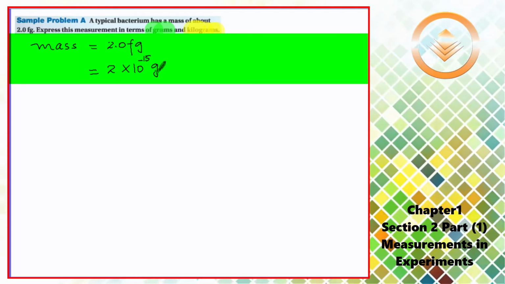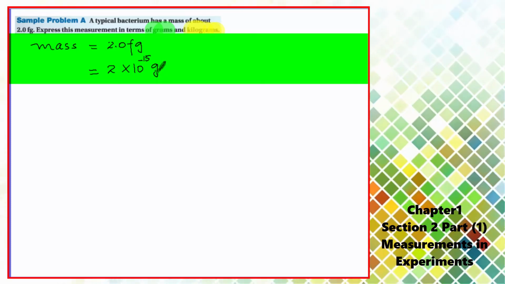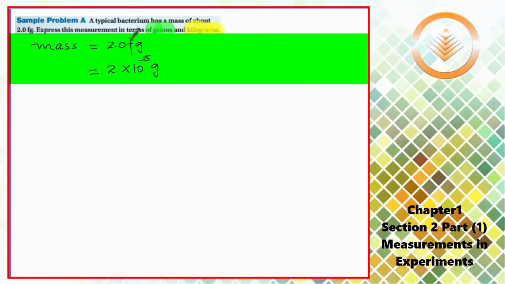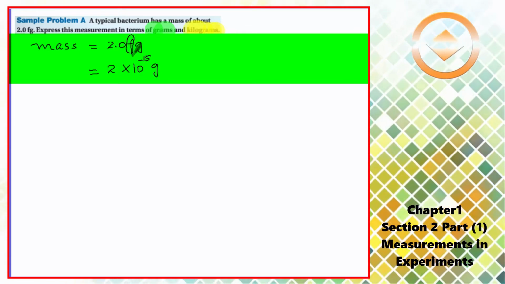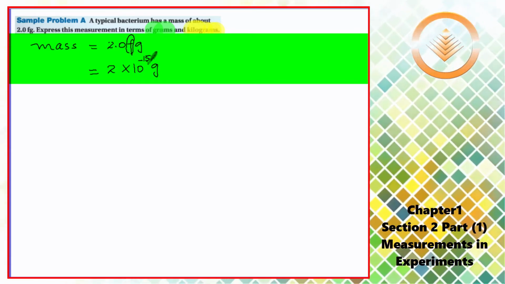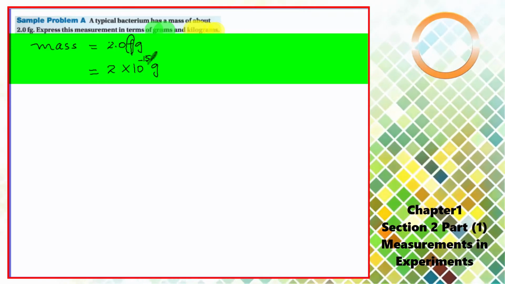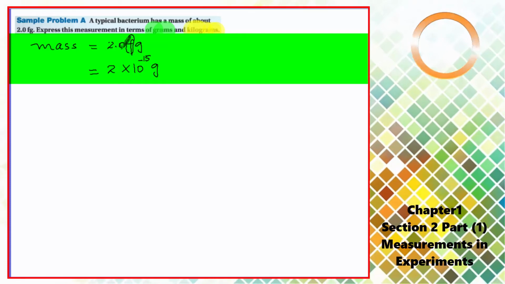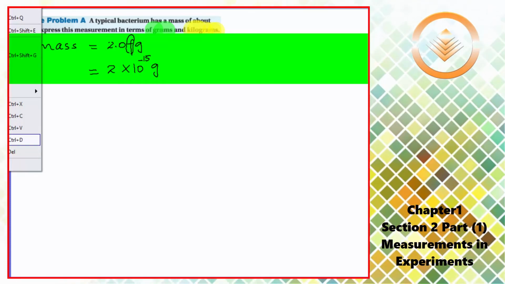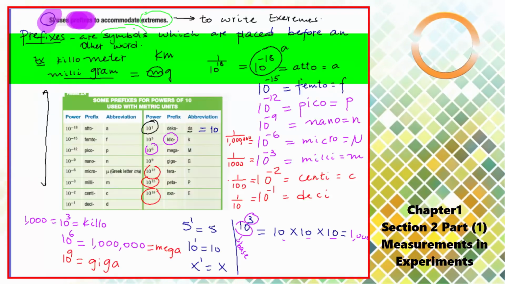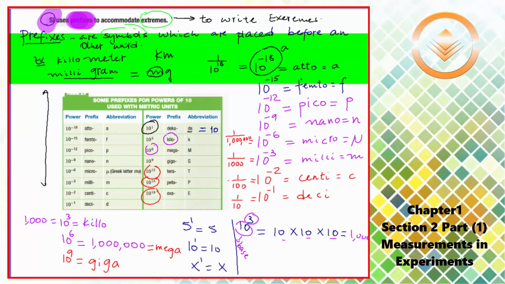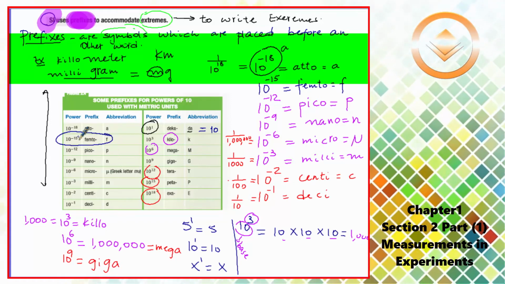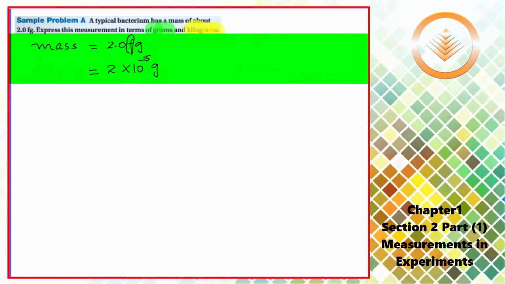Actually, this needs some mathematics background. I convert this prefix femto into a power of 10. So 2.0 I can write as 2 multiplied by femto from our previous table. Femto is a prefix which equals 10 to the power of negative 15.